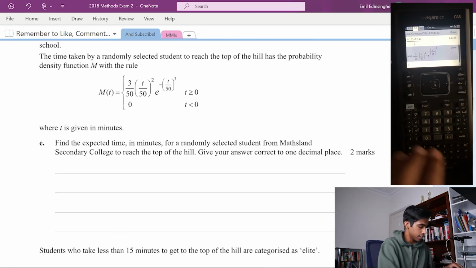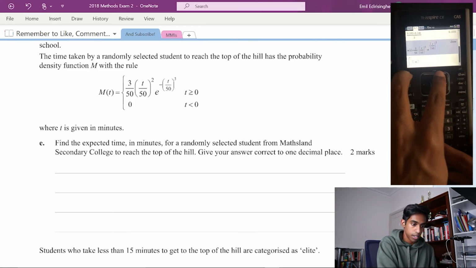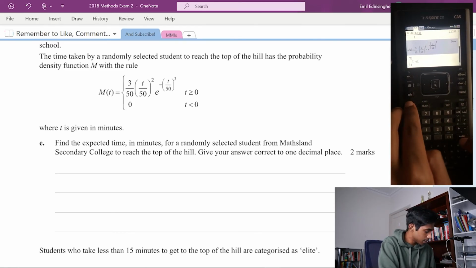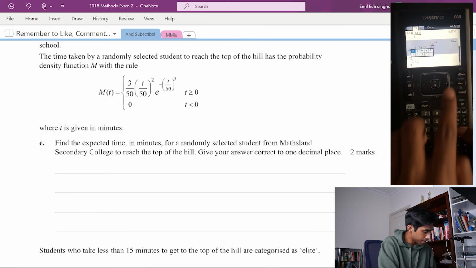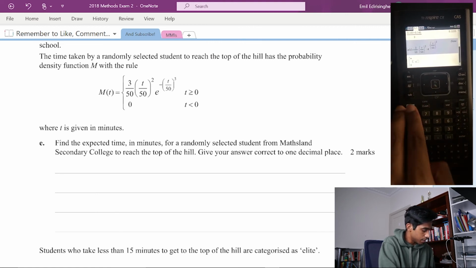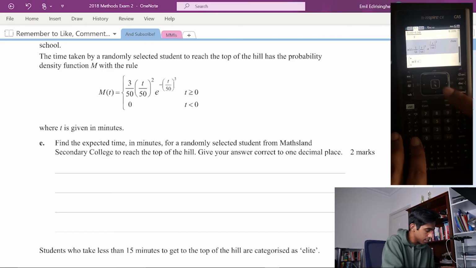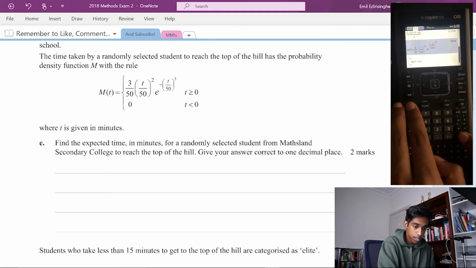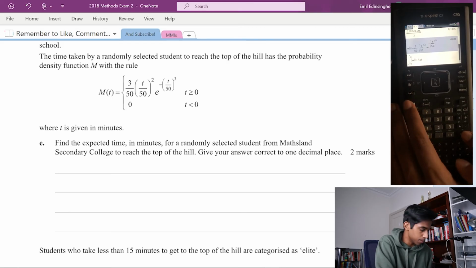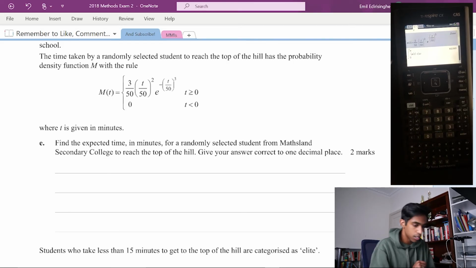So we defined that. Now we're just going to go from 0 to infinity of m of t times t dt. And we're looking for an answer to one decimal place, so we'll just Control Enter. Got 44.6.